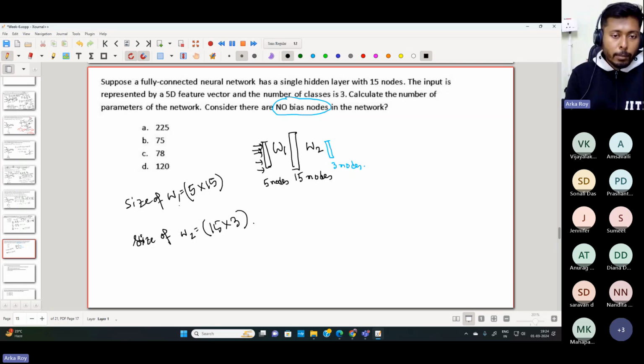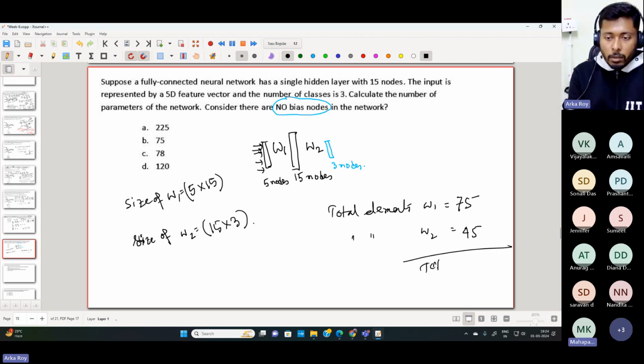So the total number of elements in W1 will be 75, and similarly the number of weights in W2 is 45. So the final total number of parameters will be equal to 120.